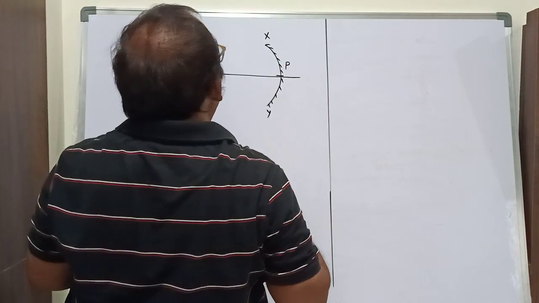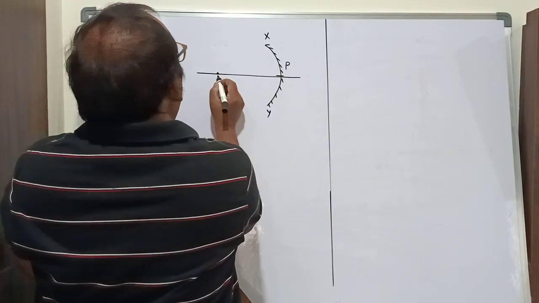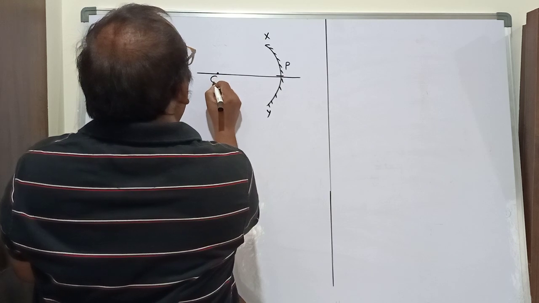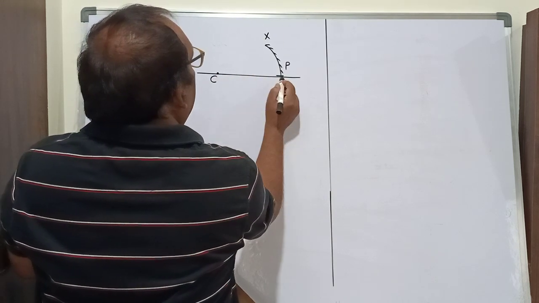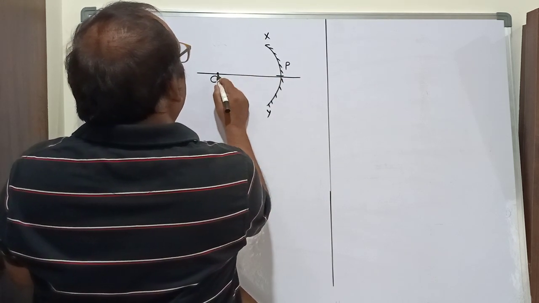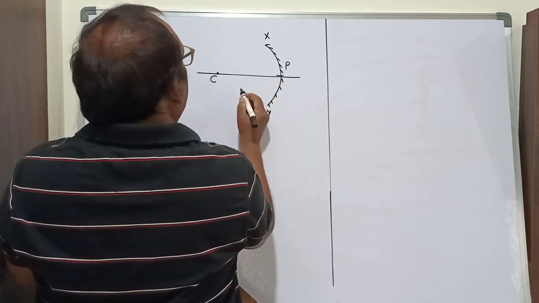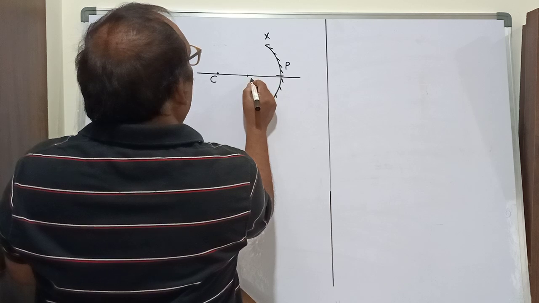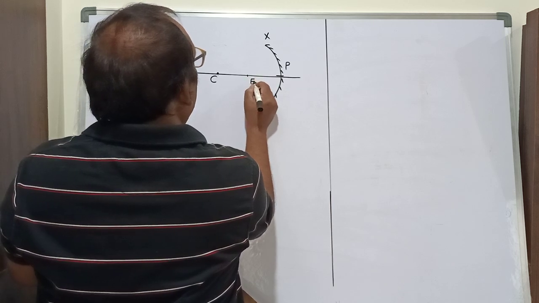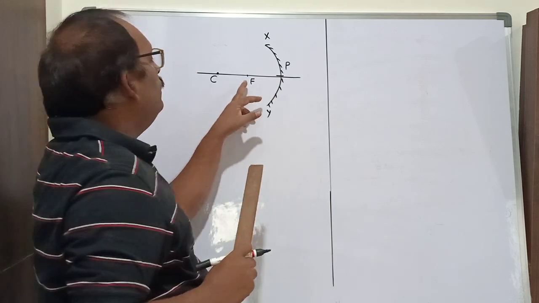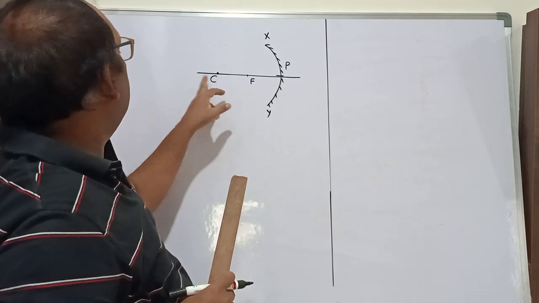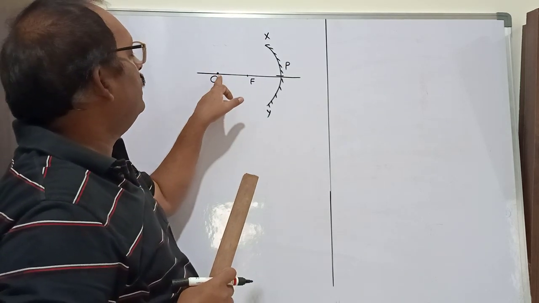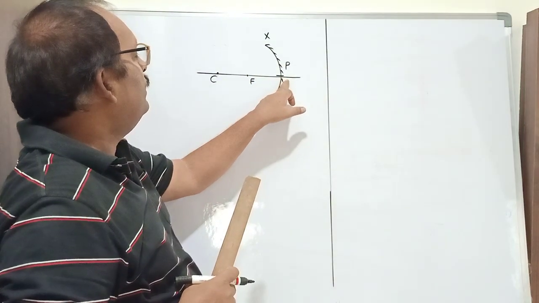This is the center of curvature, and the distance of the center of curvature from the pole is called the radius of curvature. The midpoint will be the focus of the mirror. These are called nodal points. This is infinite distance, this is center of curvature, this is principal focus, this is pole of the mirror.